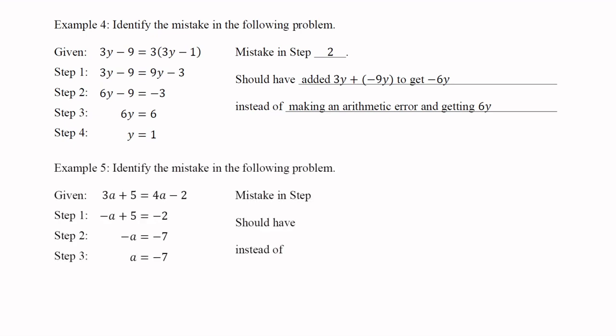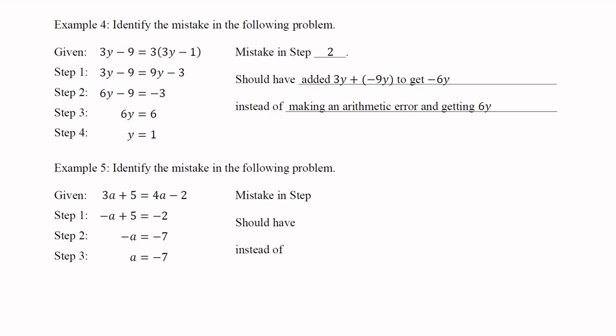For example 5, we're going to identify the mistake here. So let's start with step 1. We start by subtracting 4a from each side to move the variable. 3a minus 4a does give us negative a. So step 1 looks good. Next, we're going to subtract 5 from each side. So we do that.